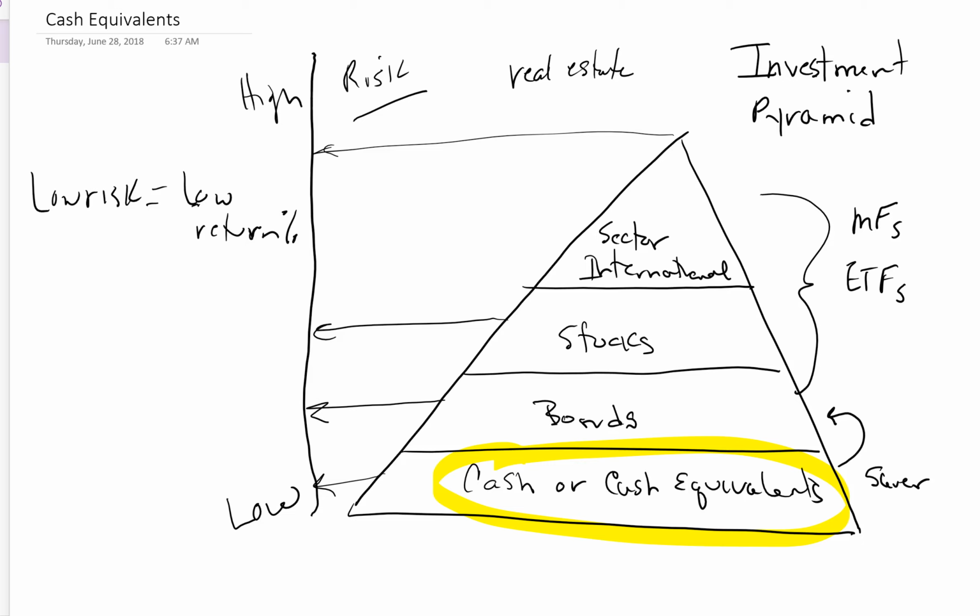First of all, they come in 3 flavors. We have bank products, okay? Bank products would include our savings account, a money market account, and a CD. We have government, federal government. This would be Series EE bonds and Series I bonds.